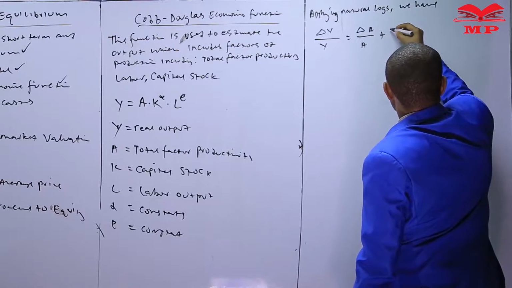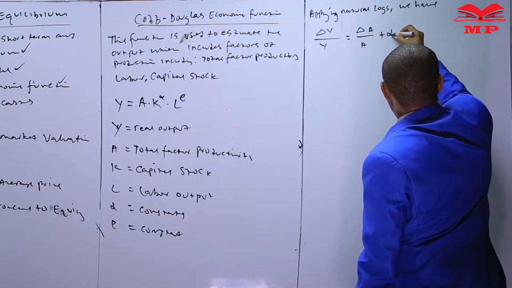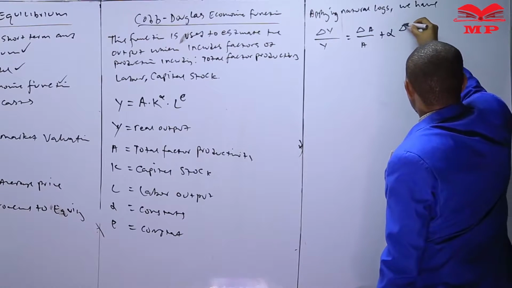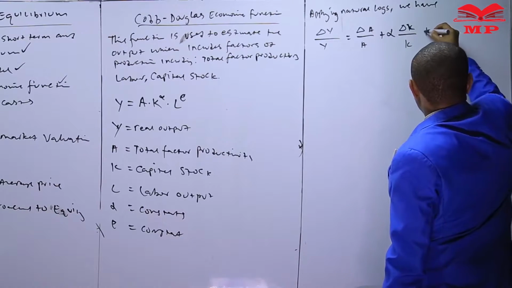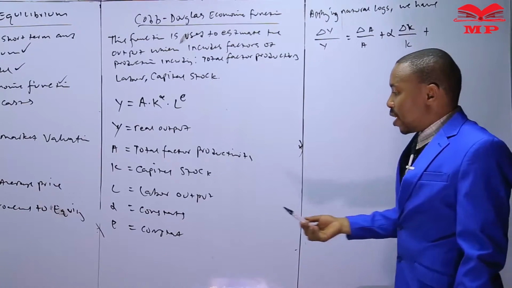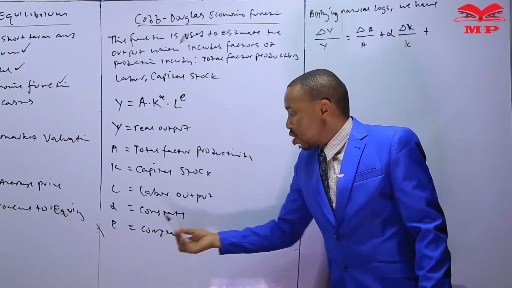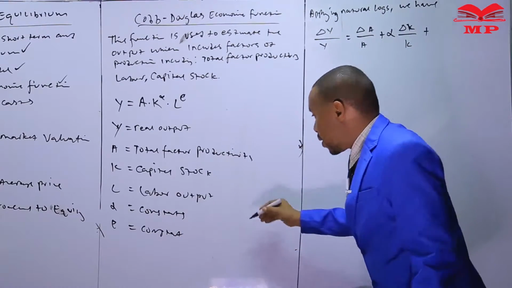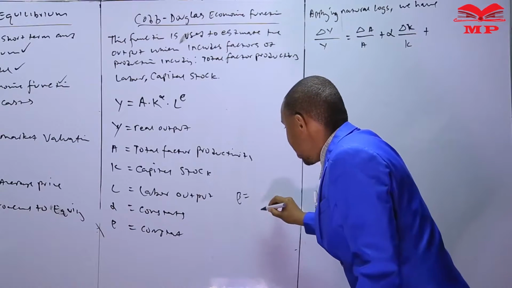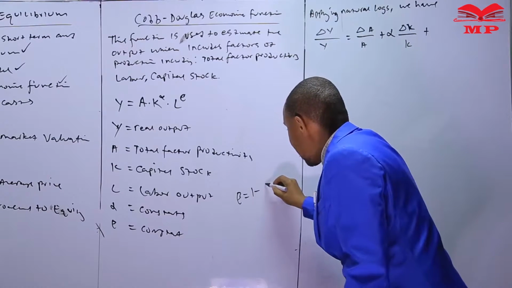Plus alpha change in K over K, plus the constant over here. This constant can be expressed in terms of alpha, where beta is equal to 1 minus alpha.